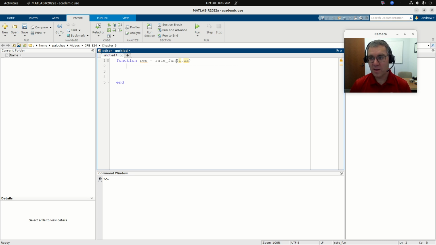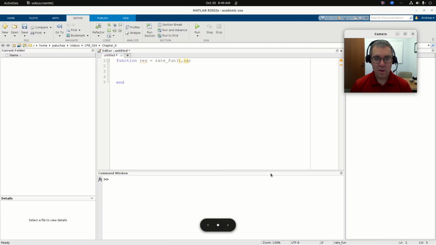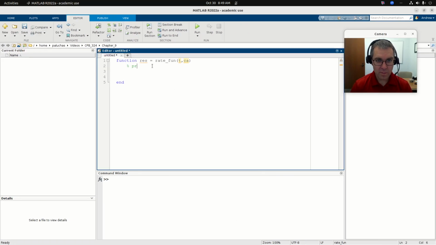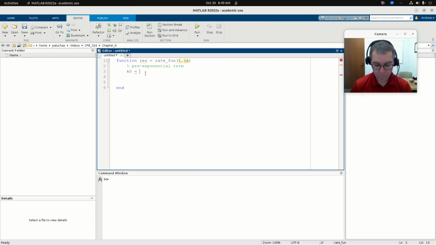So I have my rate function. It's going to have an input of t and Ca. Now I'm going to start by gathering up some of my constants. First I have my k naught, my pre-exponential term. So k naught is going to be equal to 2.4e-8, and that's in units of inverse seconds.